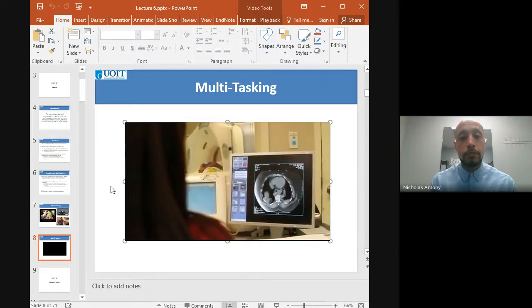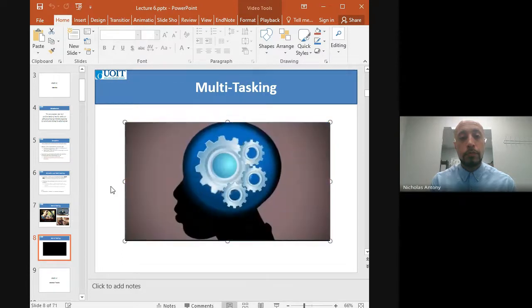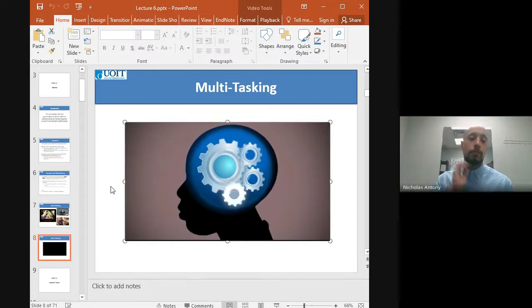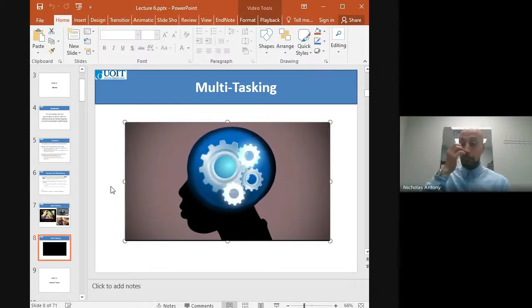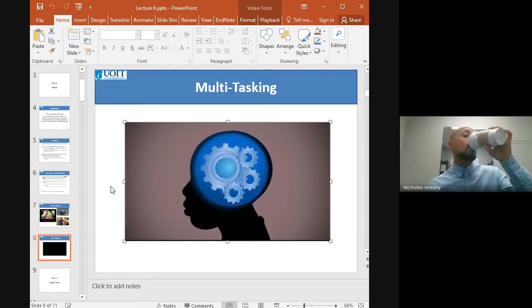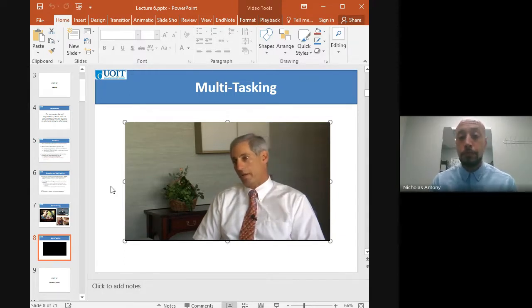So you're not storing anything and you're doing neither item well. Everything seems to go okay when you add a second task to what you're doing. The brain can divide and conquer, but research suggests once you add a third, things start to go downhill and more mistakes are made. My theory would be that as you're shifting from one idea or area to another, because of that shift, you're wasting energy.